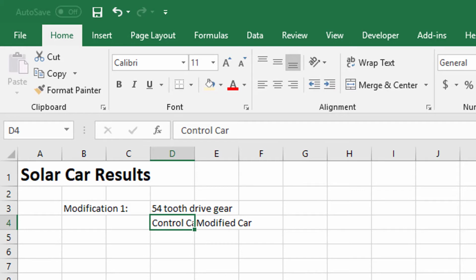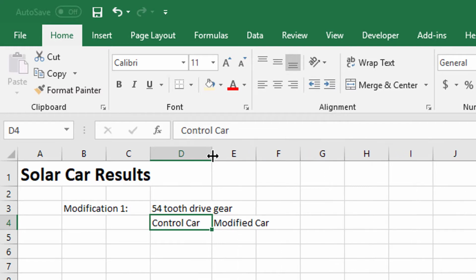Okay, so now here's a problem already. Those words control car, they didn't fit into the cell that I wanted to type them into. So I'm going to change the width of the cell. If I come up here with my mouse, see between the D and the E, there's a line there. If I grab that line there, so not down here, but up here, if I grab that line between the D and the E, and I drag that like that, can you see that's made it wider?